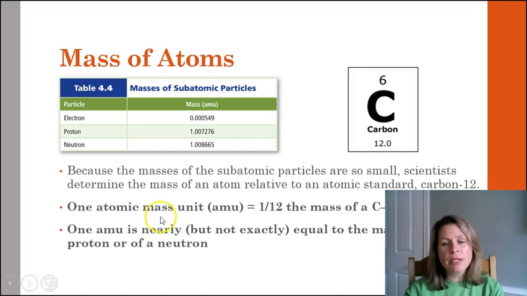An atomic mass unit is nearly equal to the mass of a proton or of a neutron, and the definition is that an atomic mass unit is 1/12 of the mass of a carbon-12 atom. So that's our standard. It just makes it a lot easier to discuss relative masses when we're dealing in terms of 1 versus 10 to the minus 27. So a neutron is approximately 1 AMU, a proton approximately 1 AMU, and an electron teeny tiny.